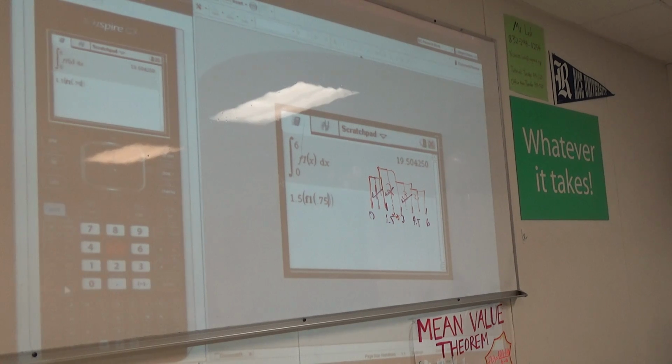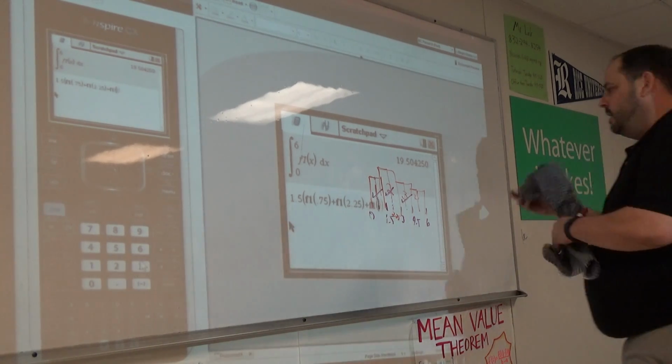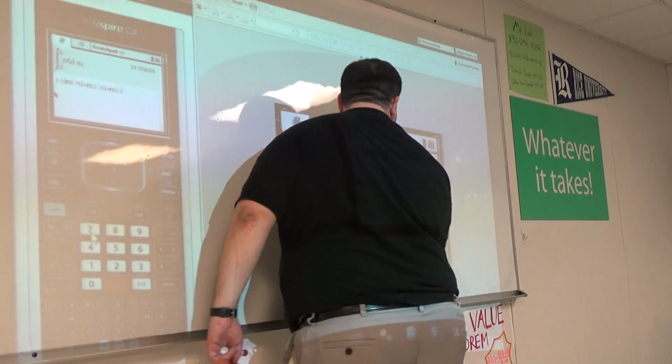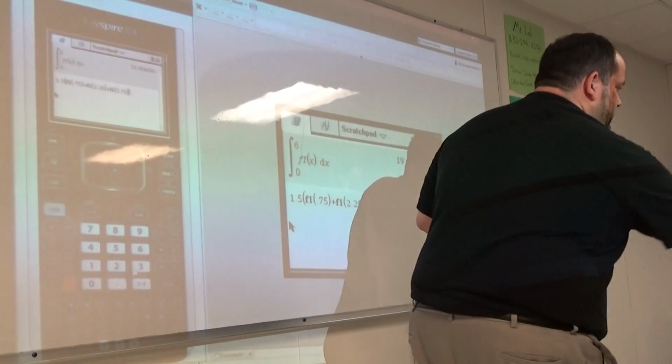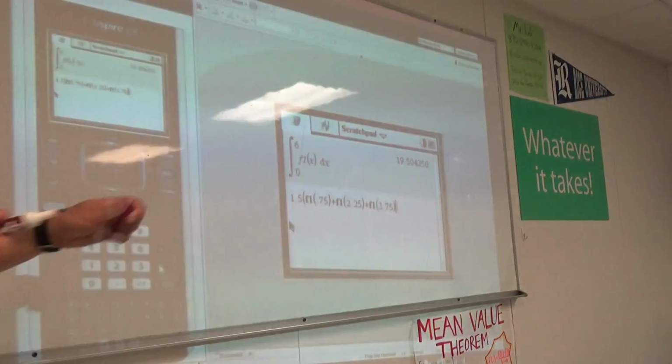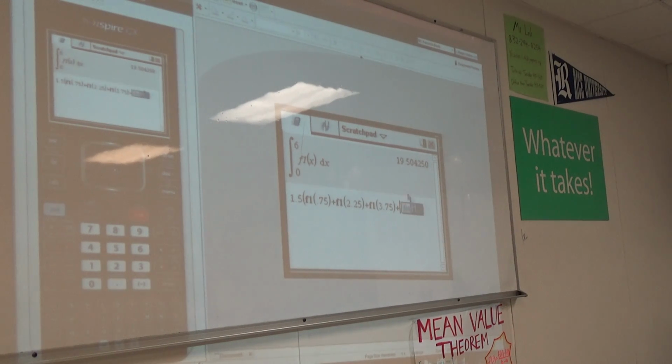Is it 19? It's not going to be exactly 19.9. I need 3 decimal places though. 19.647. Looking for at least 4 more people to get that right value.